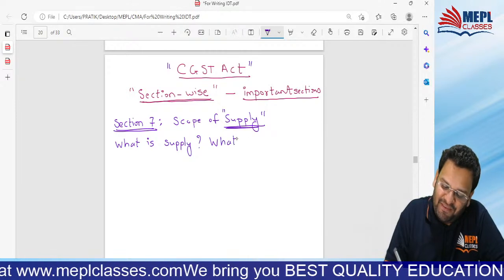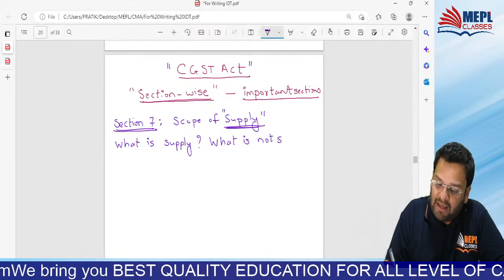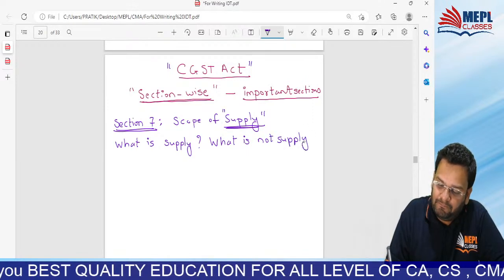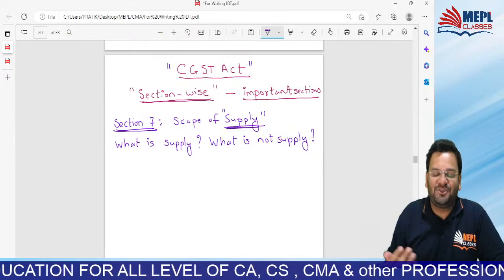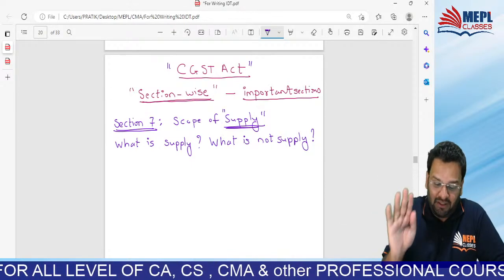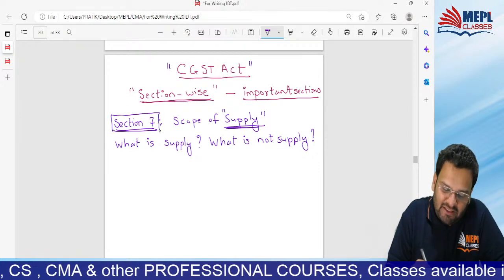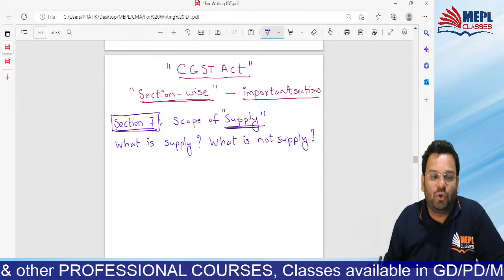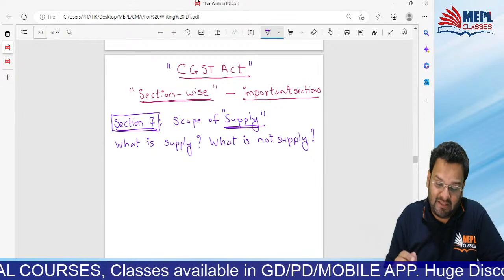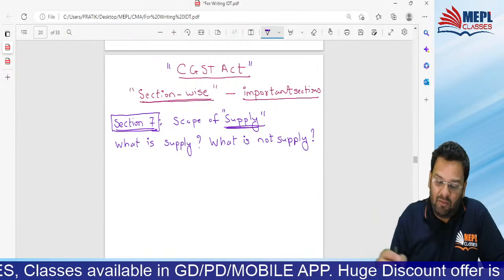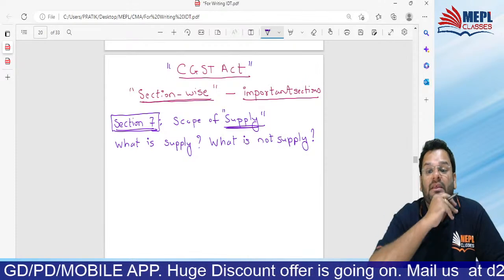Agreed? I can tell you subsections also, but let's limit to the sections only as of now. But when we go in depth of that section, obviously we are going to analyze it with subsection and clause. So what is supply and what is not supply will be discussed in section 7.